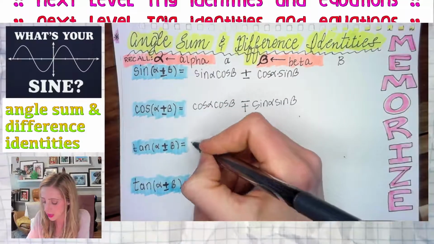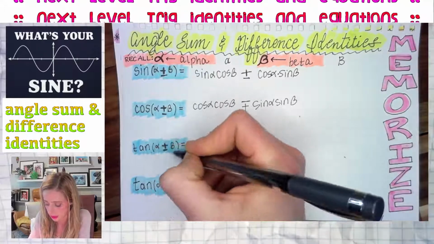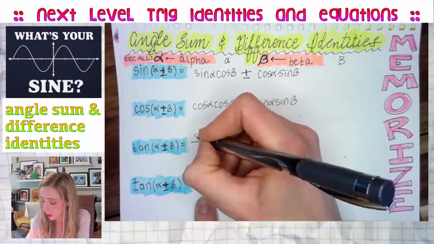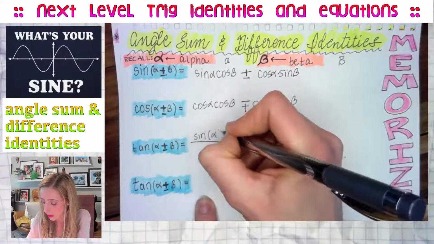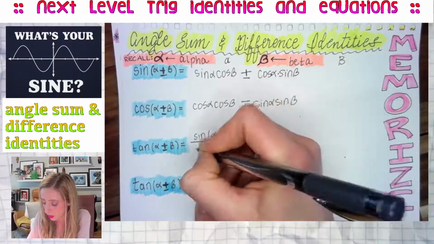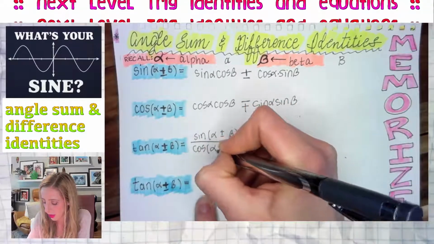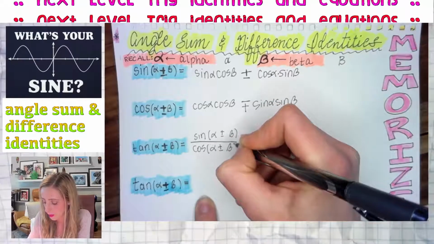Since tangent is equal to sine over cosine, that means tan of alpha plus minus beta will equal the sine of alpha plus minus beta over the cosine of alpha plus minus beta.